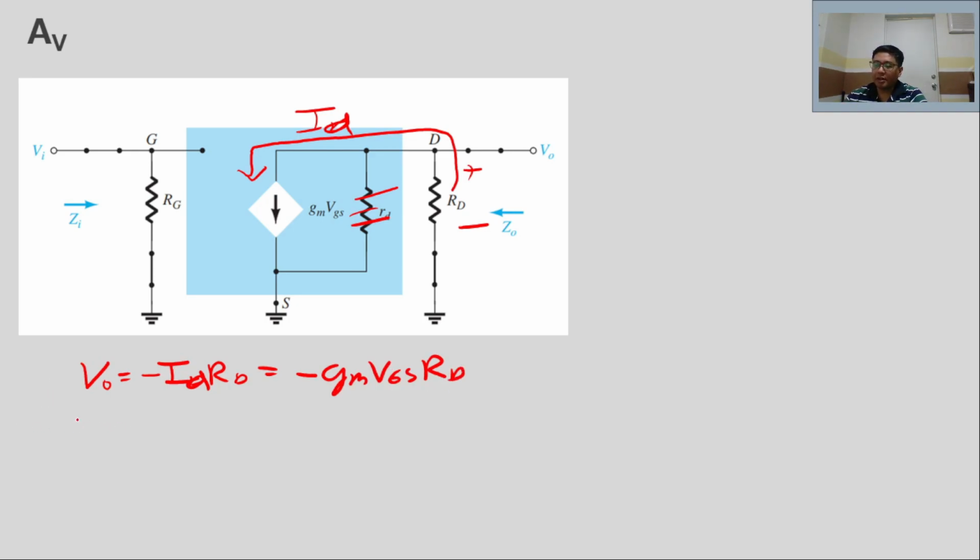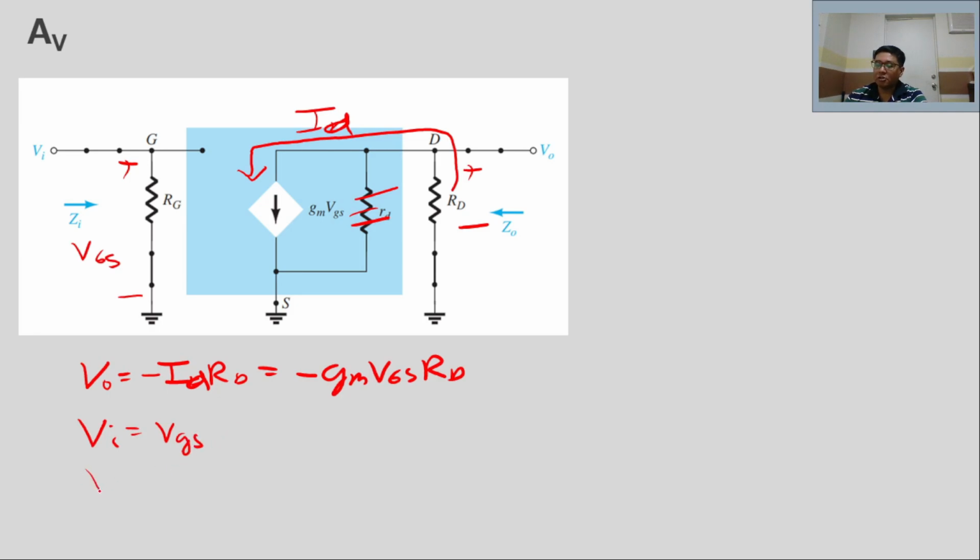And we know that V sub I, or the input voltage, is the voltage between the gate and the source terminals. So we have VGS.